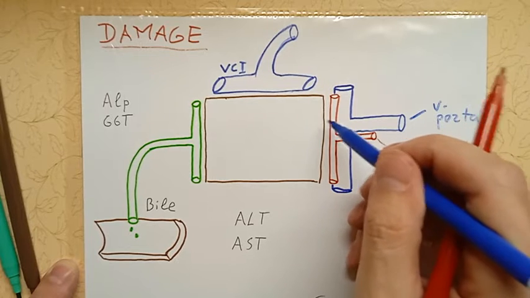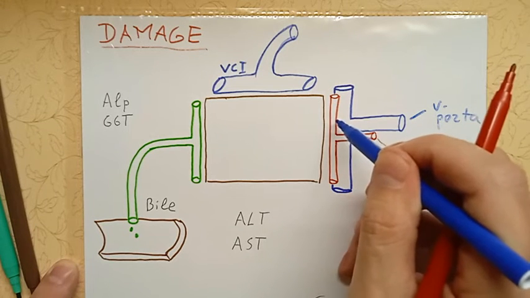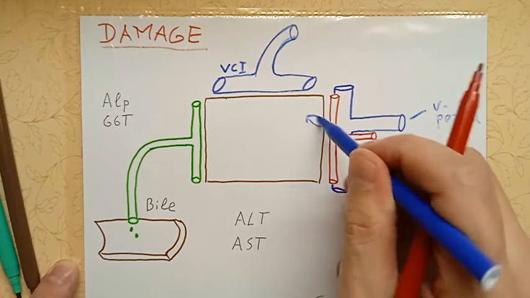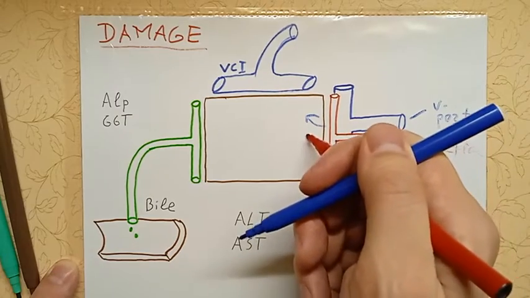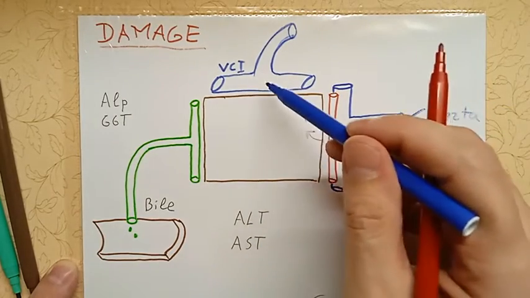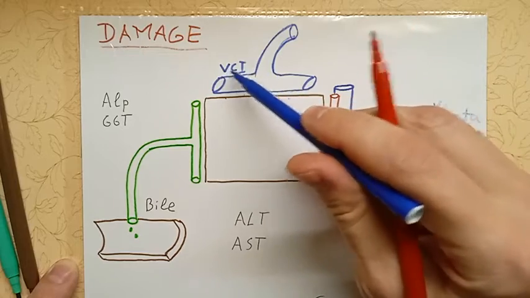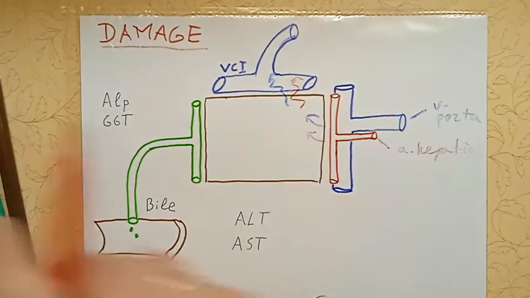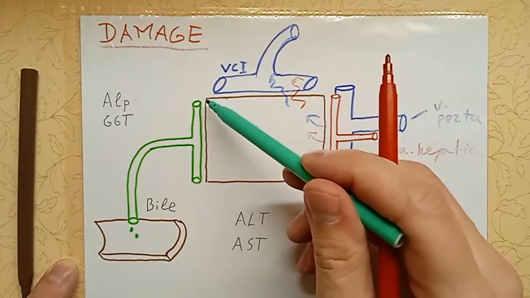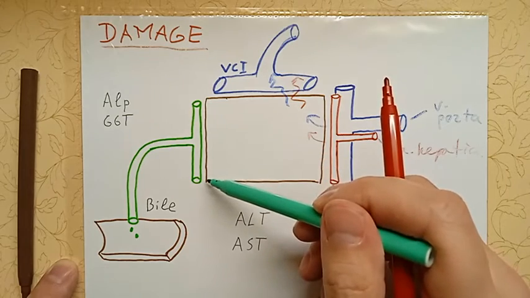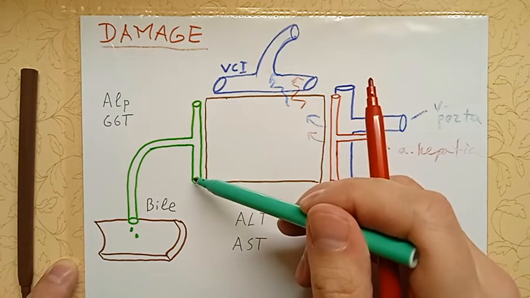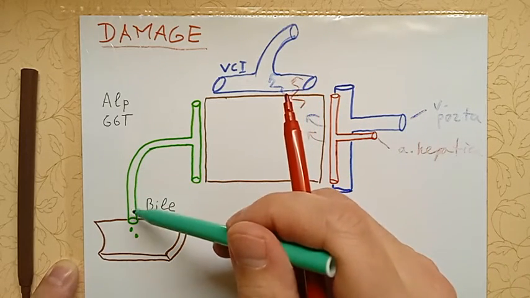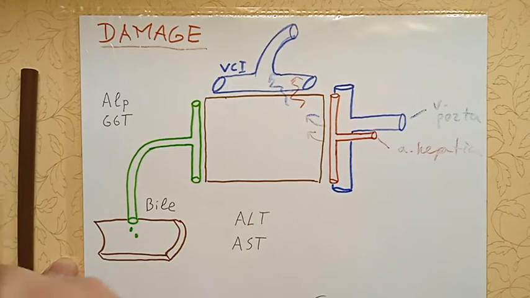So the blood flow goes from those vessels through the cell right to the branch that will be collected into the vena cava inferior. This border of the cell is connected with the bile duct, a small bile duct that will be collected into the common bile duct and will go to the duodenum.